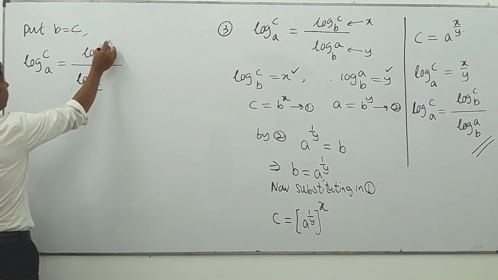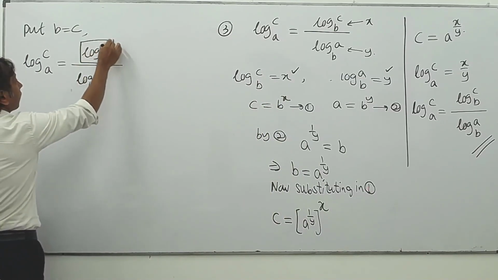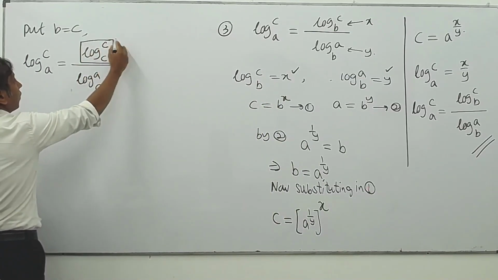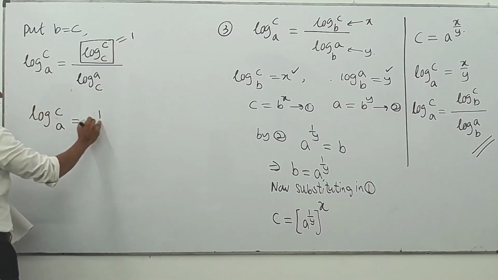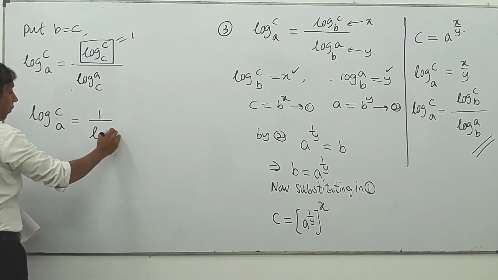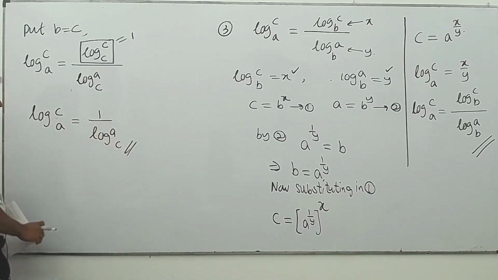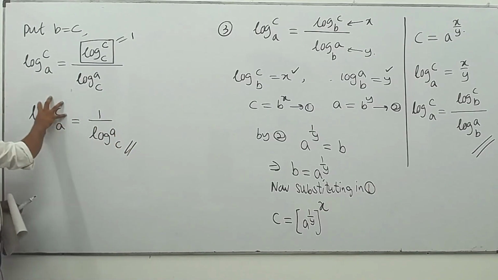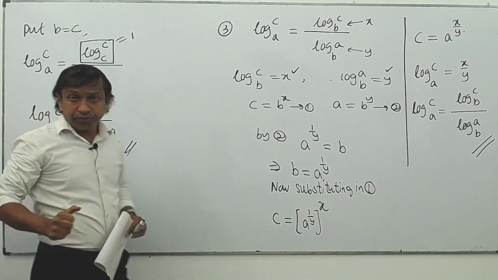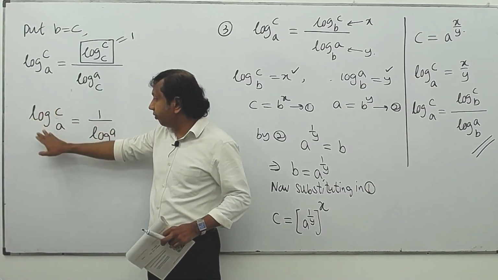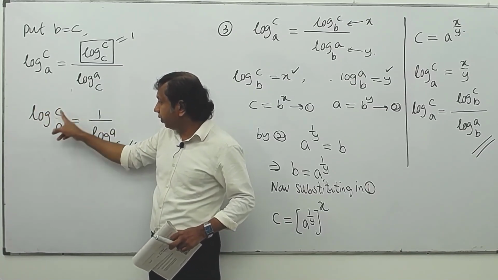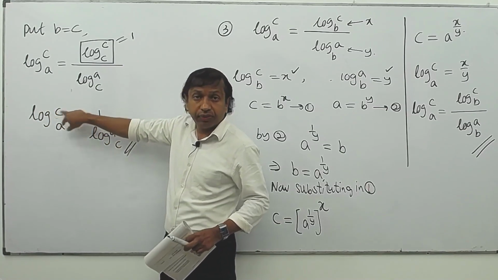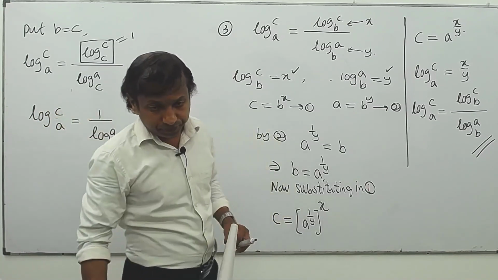But what is this, people? 1, no? This is 1. Then we get log c a equals 1 over log a c. Right. This log term, when you take it, is at the moment numerator, no? When you take that to denominator, these two numbers exchange the order. That's what this is, right?